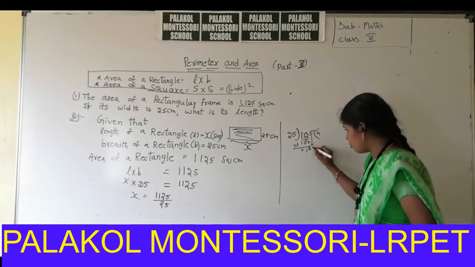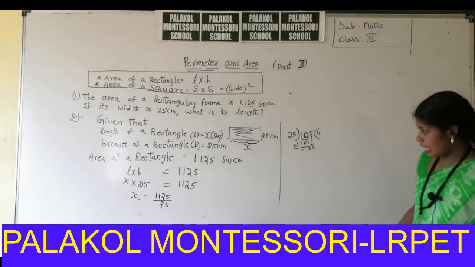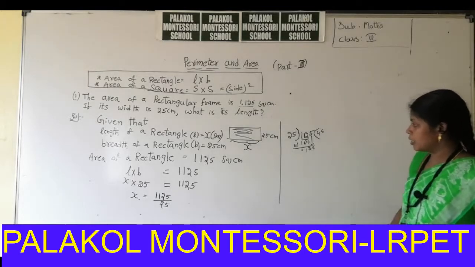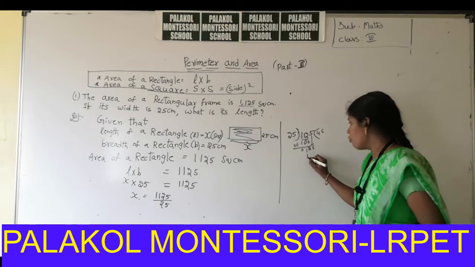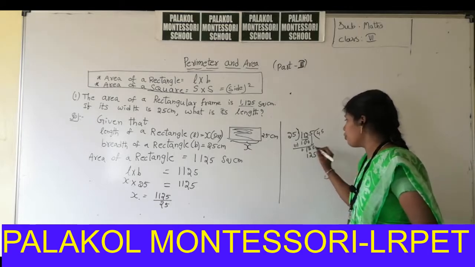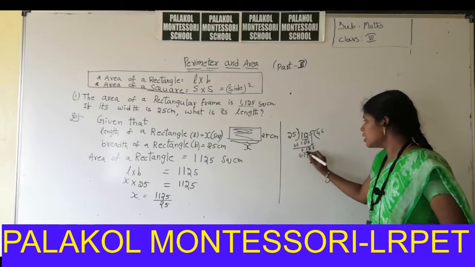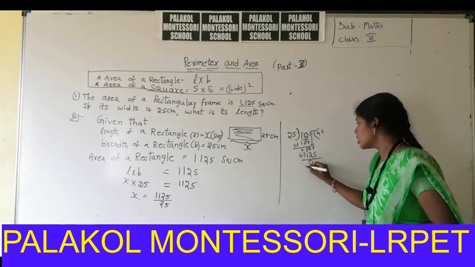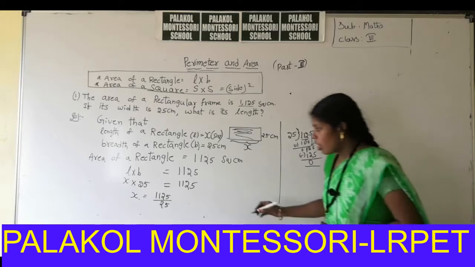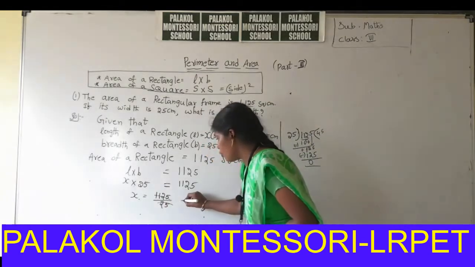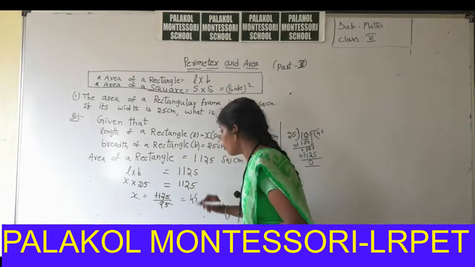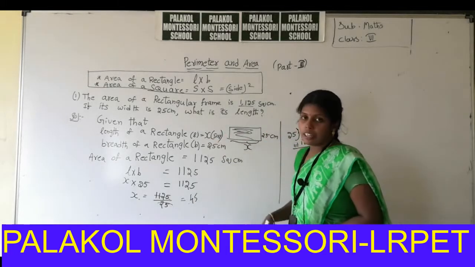So we bring down this number, 125. How many times does it cancel? 5 times. 25 fives are 125. We subtract 125 minus 125, and the answer is 0. So how many times does it cancel? 45 times.